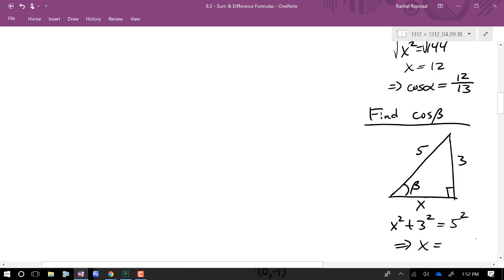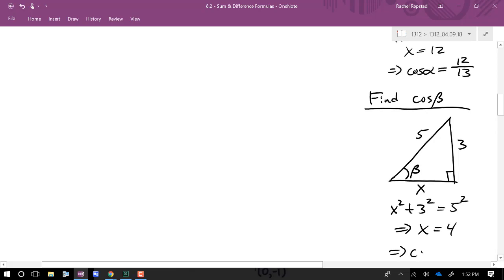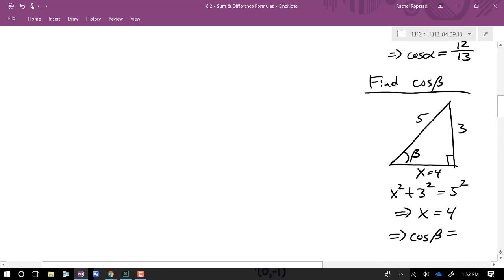Yeah, it's a nice 3, 4, 5 triangle, right? So what is cosine of beta? Keep in mind that beta is in the third quadrant. Negative 4 over 5, yeah.